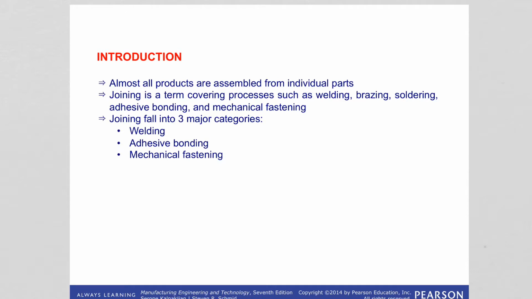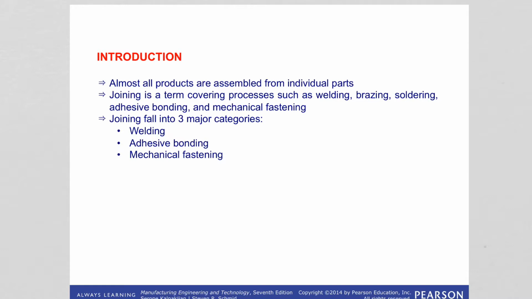So if we look in general at what the joining processes are, we know all products are assembled from individual parts, so we need to join them, and therefore joining techniques are important to understand. There are several ways to join parts.